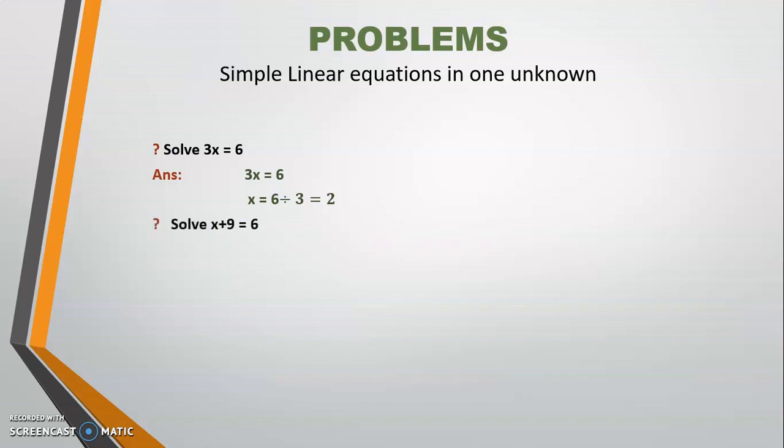Now we move to the second problem, that is x plus 9 equals 6. For solving this, consider x plus 9 is equal to 6. To find the value of x, just take 9 to the right side.